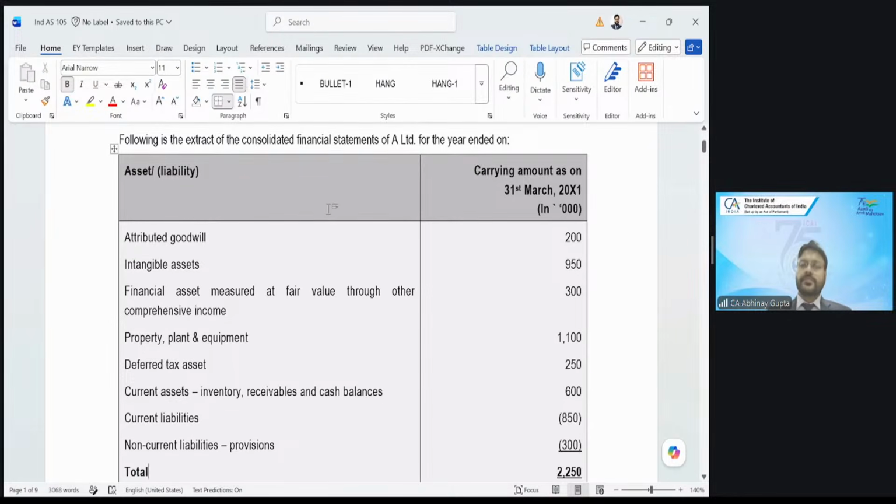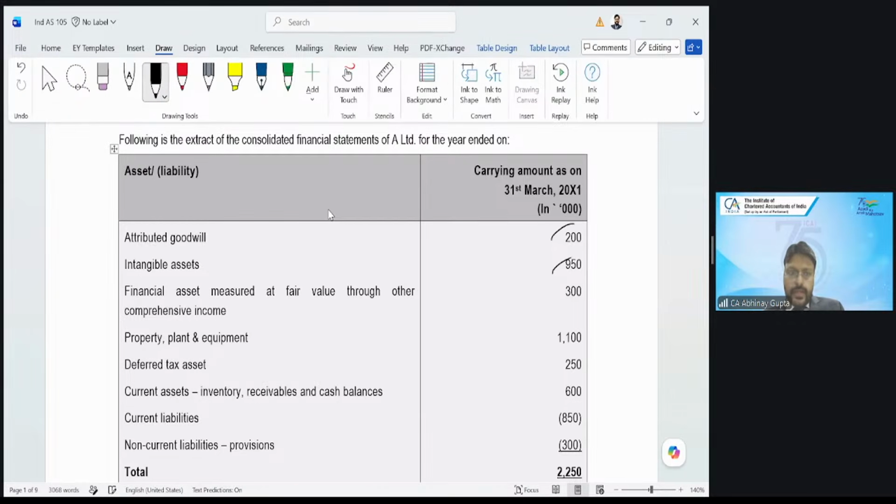Attributed goodwill, intangible assets, financial assets measured at fair value through other comprehensive income, property, plant and equipment 1100. Deferred tax assets, current liabilities, non-current provisions, and the total 2250, right?